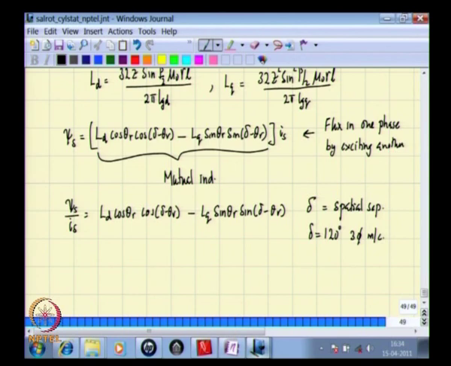Having done this, our next task will be to write the expressions for the electrical equations and see how we can compute the behavior of the machines using that. We shall see that in the next class.